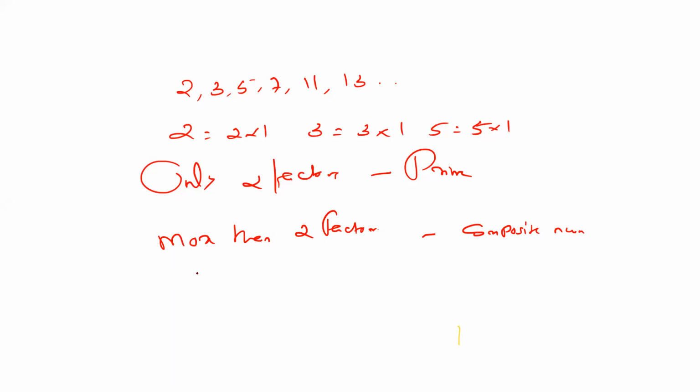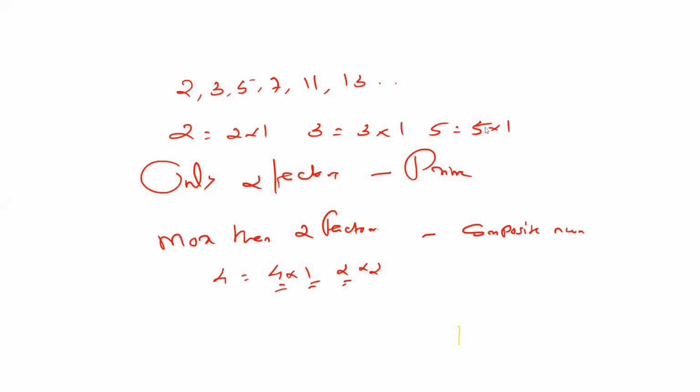Composite number example is 4. 4 you can write as 4 into 1, 2 into 2. So how many factors are there? 1, 2, 4. 3 factors are there. So such type of numbers is called composite number.